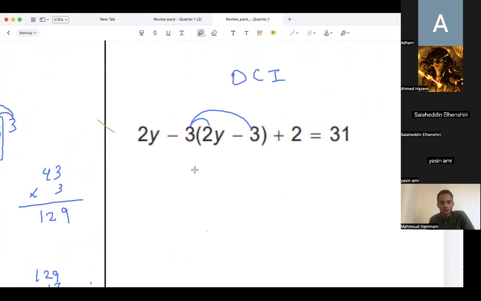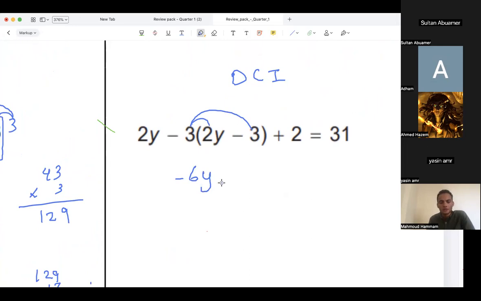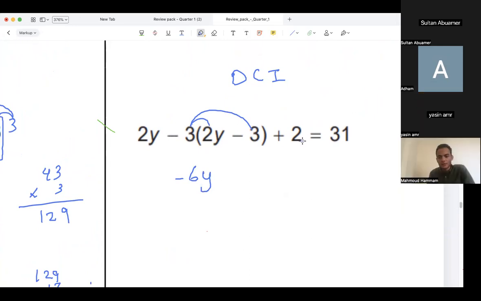So negative 3 times 2y is negative 6y. And then you have negative 3 times negative 3, which is positive 9, because similar signs give positive. And you still have here what's at the beginning: 2y, and plus 2 equals 31.